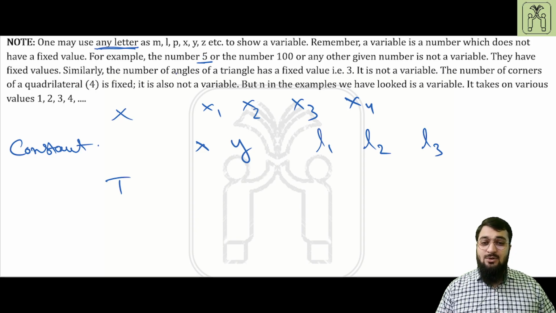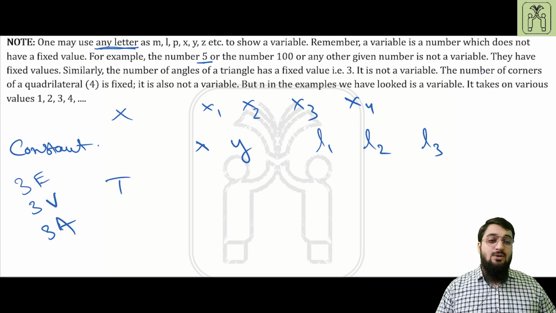Similarly, the number of angles of a triangle has a fixed value, that is 3. It is not variable because a triangle can be made only with 3 edges, 3 vertices, 3 angles. The number of corners of a quadrilateral is fixed, that is 4. So 4 edges, 4 vertices and 4 angles. It is not a variable.